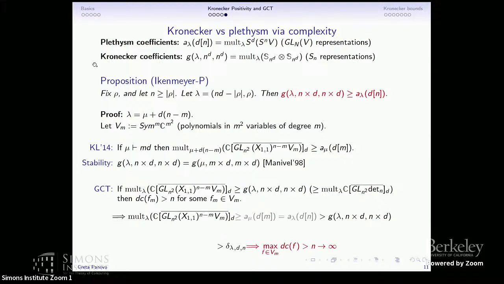But this stability is telling us that we can take n to infinity, and we will always find a polynomial with determinantal complexity bigger than arbitrarily large n, which is not true, because we know these are polynomials of degree m in m squared variables. They can be computed with at most m to the m squared operations or determinant. So determinantal complexity is actually bounded for these polynomials.